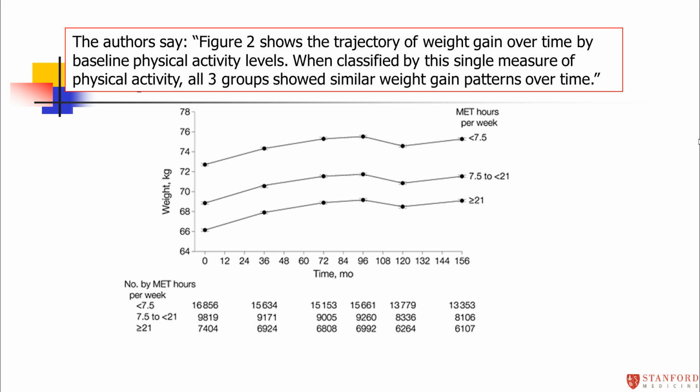Their argument is that if you just classify people according to their baseline exercise status, then the weight gain is identical. But remember, their fancy statistical model did something wonderful. It allowed women to switch groups. So some women who started in the high exercise group could switch to the low or to the medium.